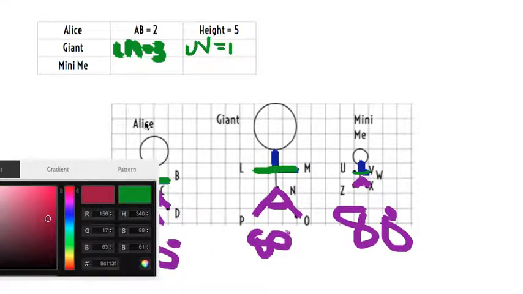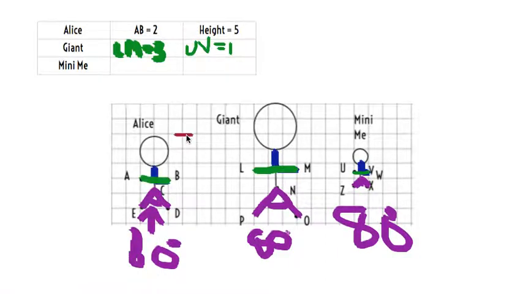If we look at the height, Alice's height is 1, 2, 3, 4, 5, which we've got here. The giant's height is 1, 2, 3, 4, 5, 6, 7. Doesn't come all the way down. It comes halfway down that box. So the height for the giant would be 7.5.